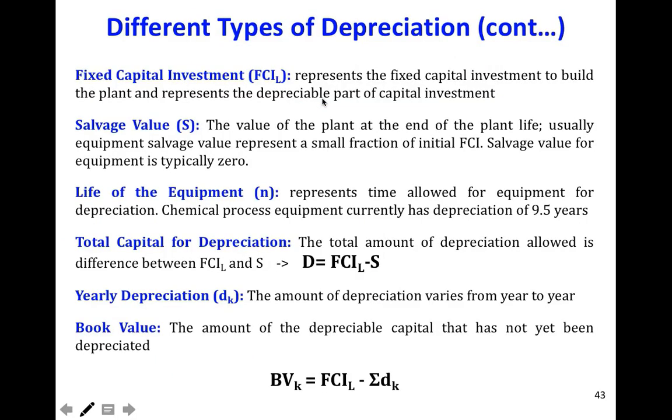Okay, just revising what we already talked about, and defining some new concepts. Fixed capital investment is the capital investment we need to build the plant, buy the equipment, build the buildings, utility buildings, whatever we need to build.